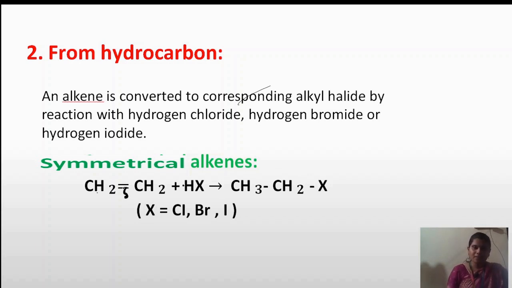Breaking of one of this bond takes place here. Now this is in the case when we use the symmetrical alkene, because in symmetrical alkene this H and this X get attached to here or here, the product is same.